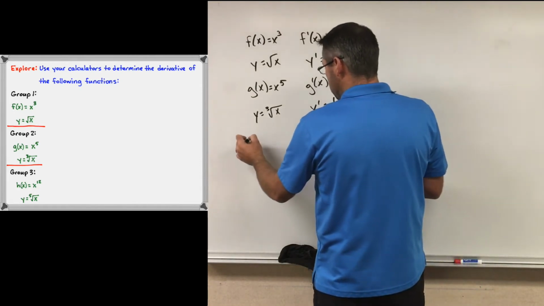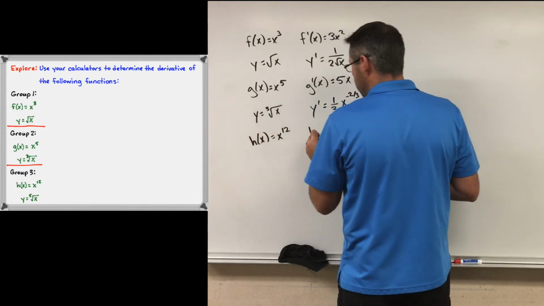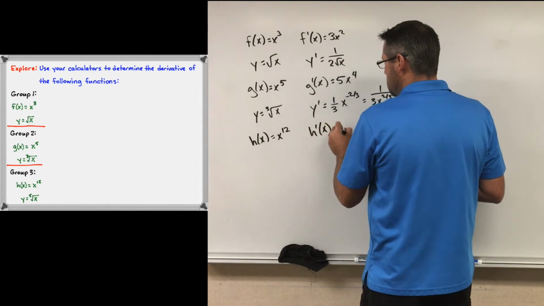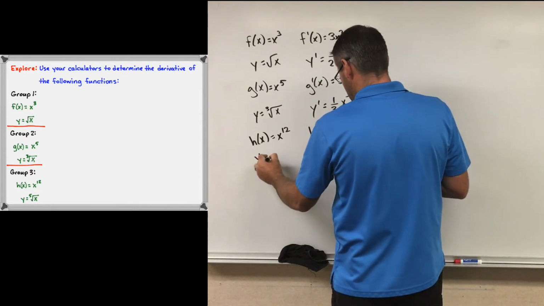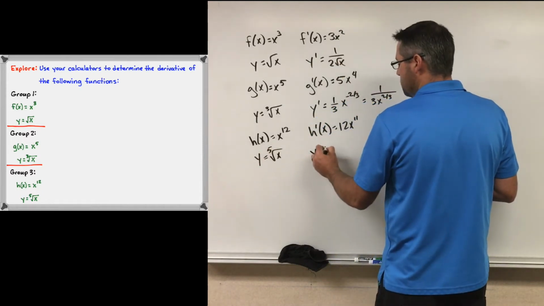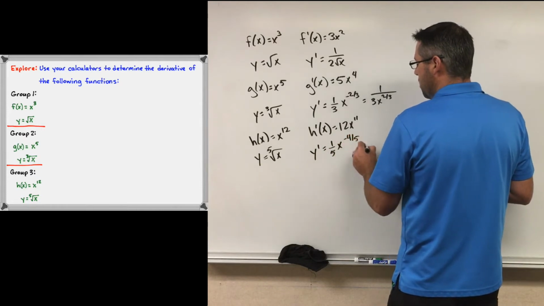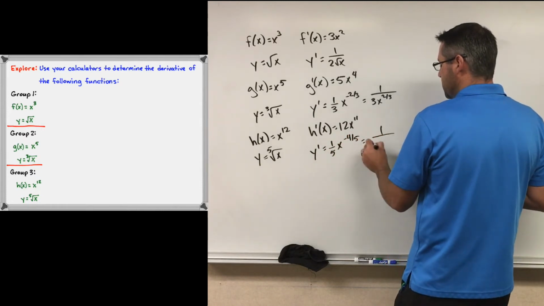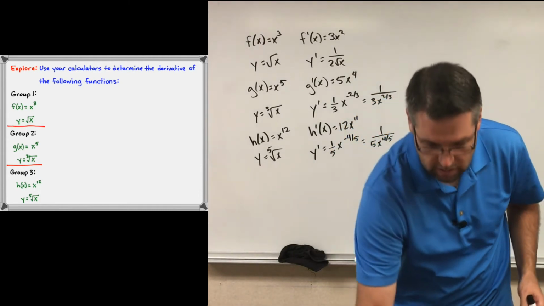And then for group 3, for h of x, you should have gotten for the derivative 12x to the 11th. And then for y equals the 5th root of x, y prime should have either been 1/5 x to the negative 4/5, or maybe it was written as 1 over 5x to the 4/5, just depending on how your calculator calculated those things.